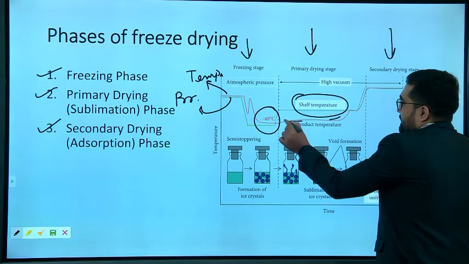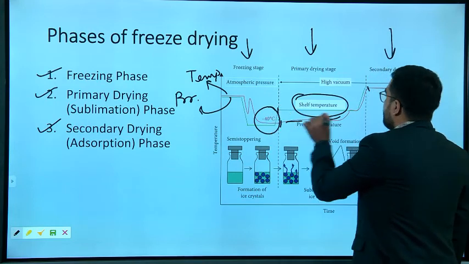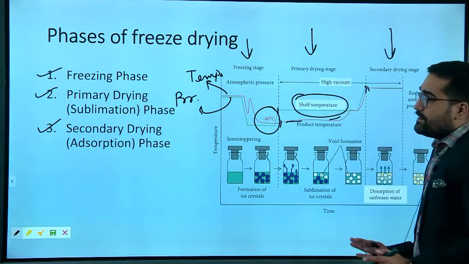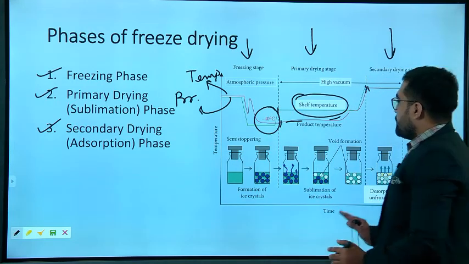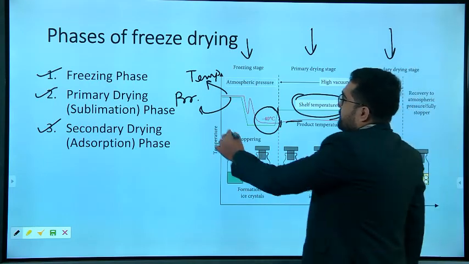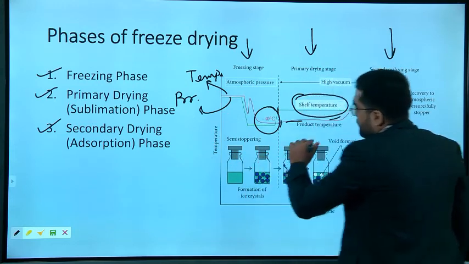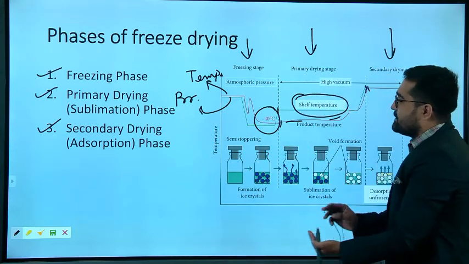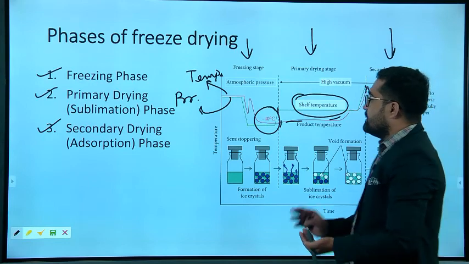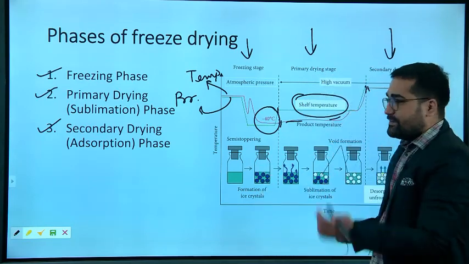See, red is increasing, and we also increase the pressure of the chamber. So, what happens here? The water inside the product will start evaporating. Okay. The ice inside the product will start evaporating.